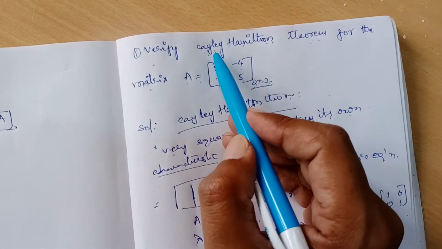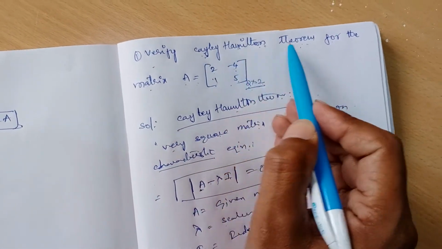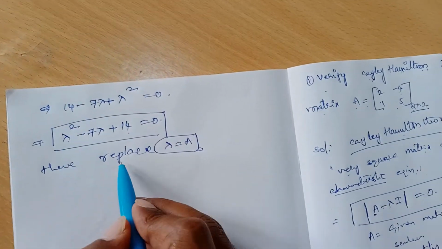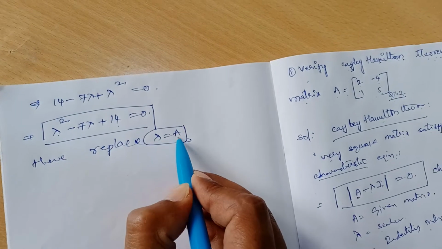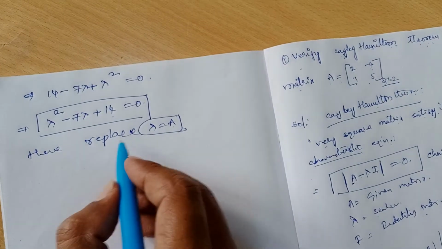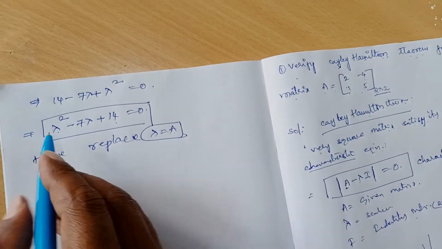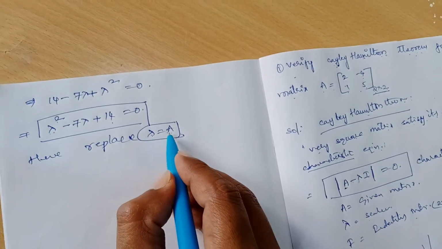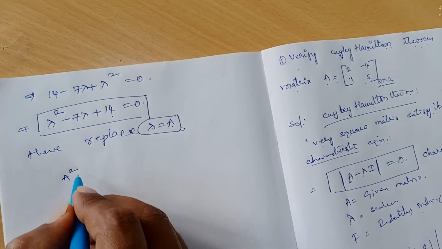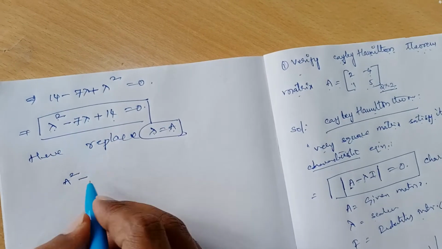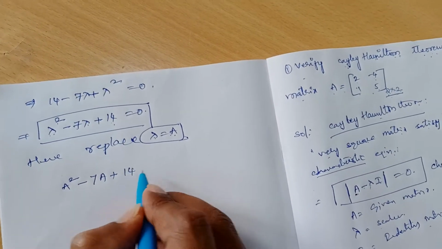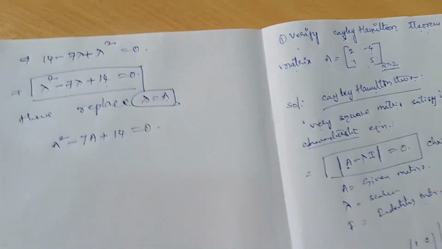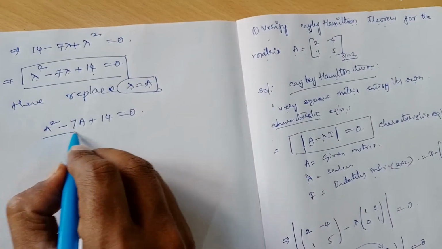See here, in the Cayley-Hamilton theorem, replacing in the characteristic equation lambda is equal to A. Here we have lambda square, but lambda is equal to A. So this is A square minus 7 into A plus 14, which is equal to 0. So this is the equation.